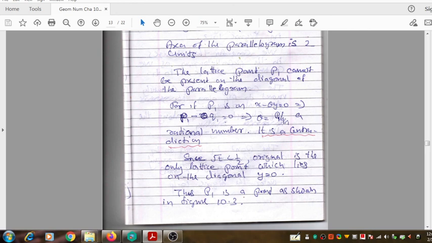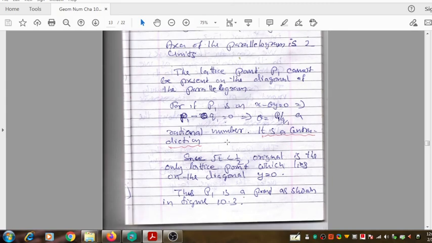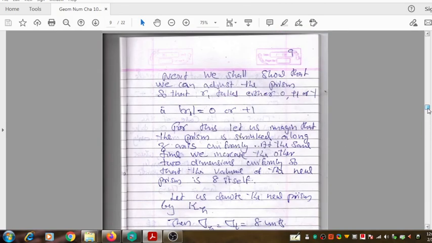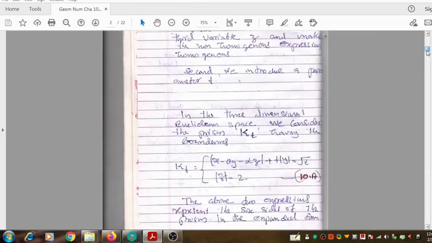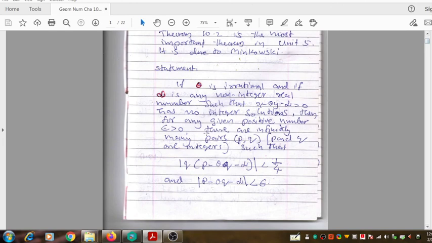It says that theta is a rational number, but in the statement of the theorem we have accepted that we are considering theta only as irrational, so it is a contradiction. Let's go back. Okay, have we made any assumption about the value of theta in the statement here?